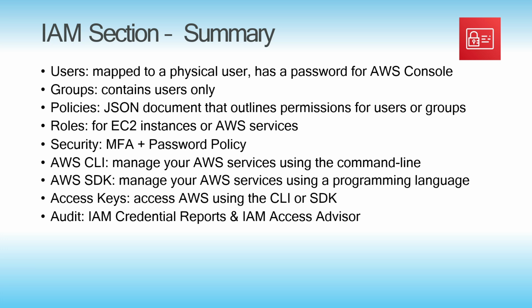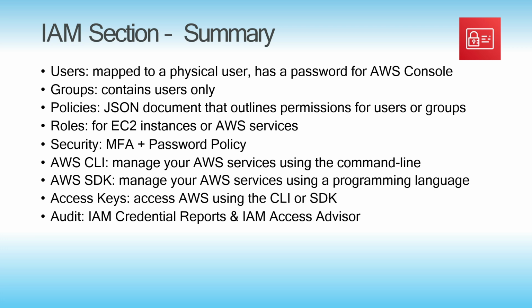Policies are JSON documents that outline the permissions of a user or group. A policy can be attached to both, but we should avoid attaching any policy directly to the user. Roles are for internal services to access AWS services. Here is the example: an EC2 instance connecting to an AWS service like S3 or anything.